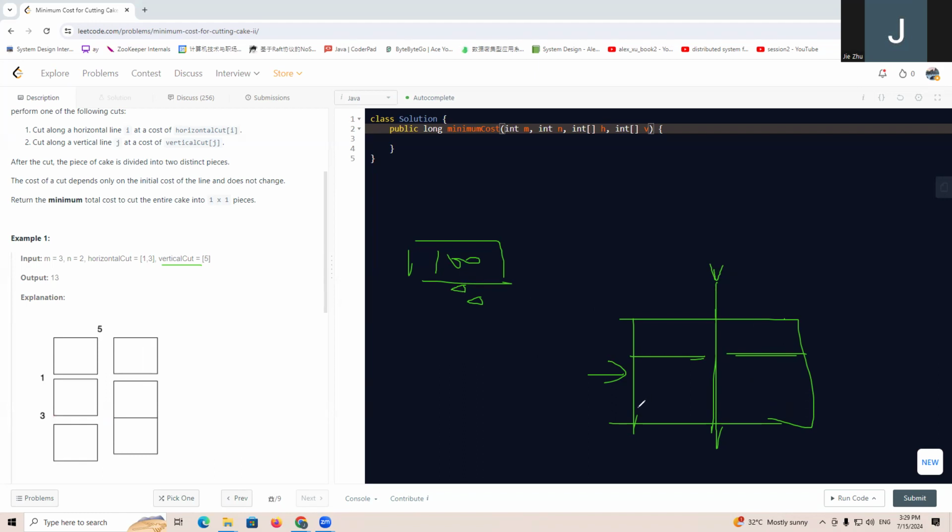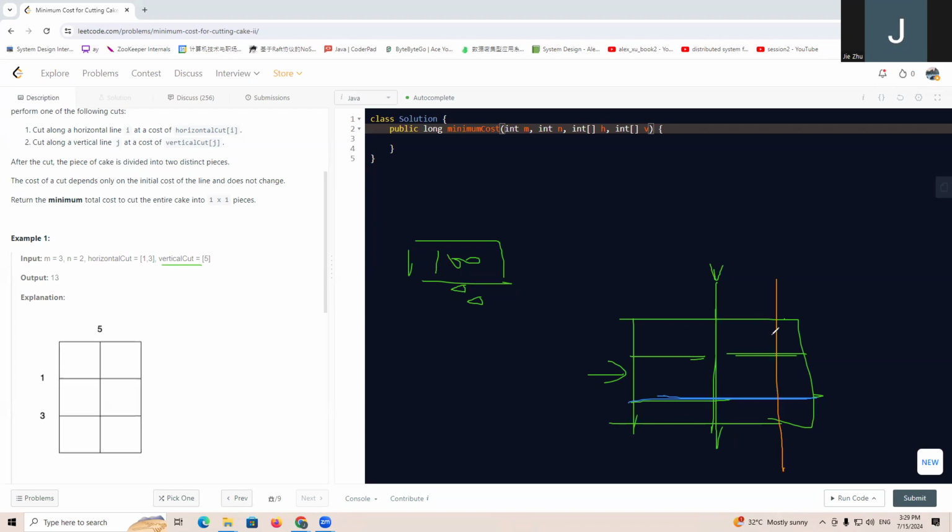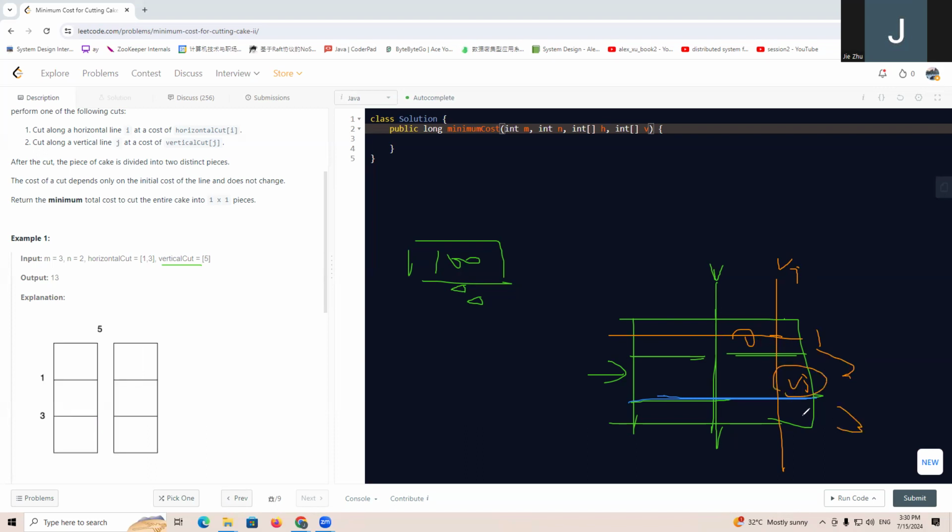And also if we have a horizontal cut here, then if we do vertical cuts, for example another vertical cut, this one will do the V, for example V[j], 3 times, right? So if there are 3 horizontal parts, 1, 2, 3, then we'll have V[j] take place 3 times.